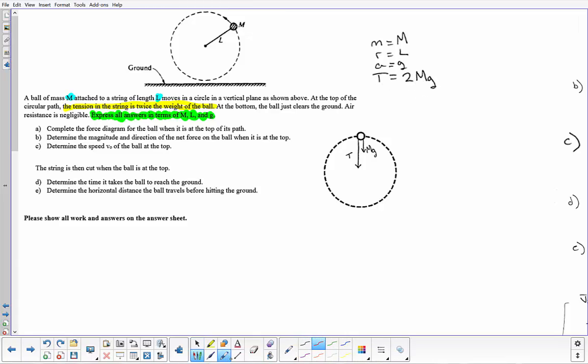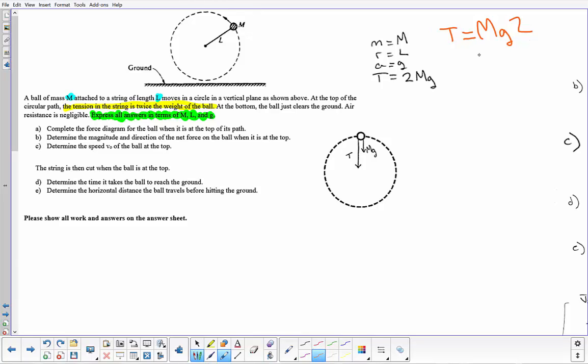Because remember, it said tension is twice the weight. We can either represent weight as W or F sub g or mg. And since it says it's twice the weight, we gotta multiply by 2.